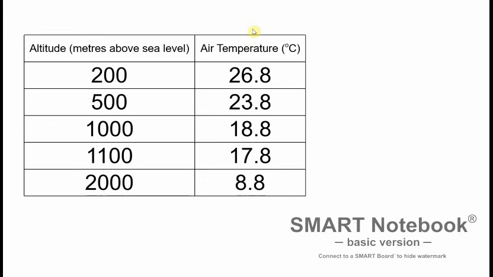Okay. So to try and figure out the y-intercept from this table, I'm essentially trying to figure out this missing number that goes in this rectangle, right? 0 meters of altitude is what air temperature?